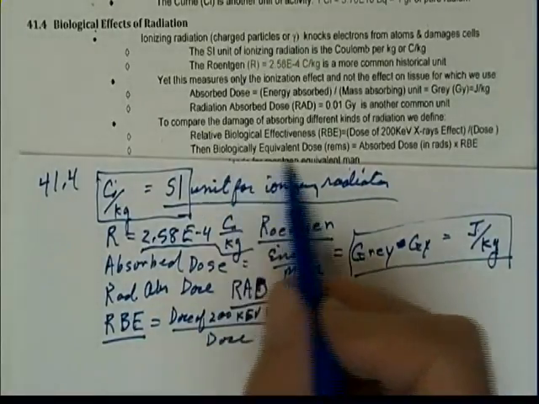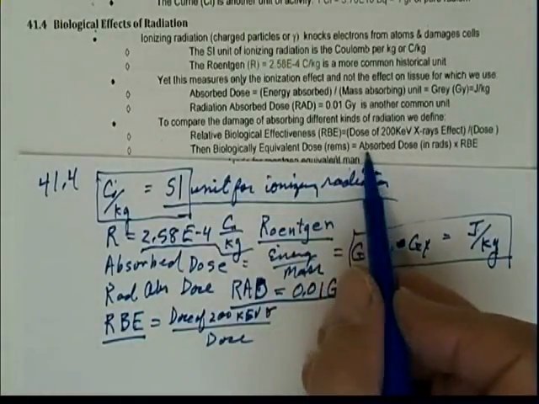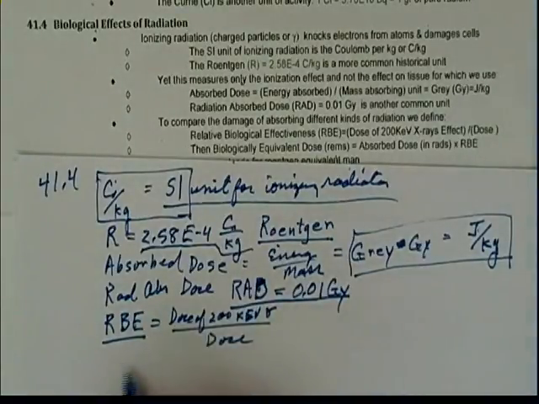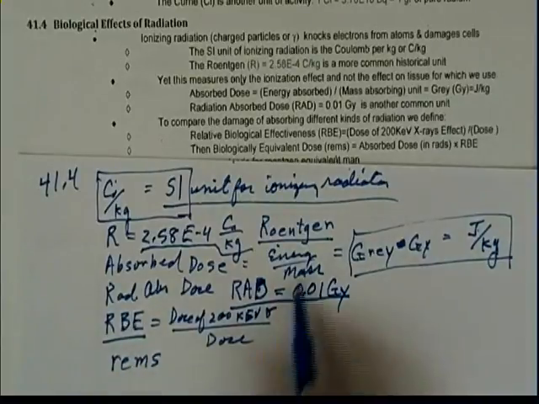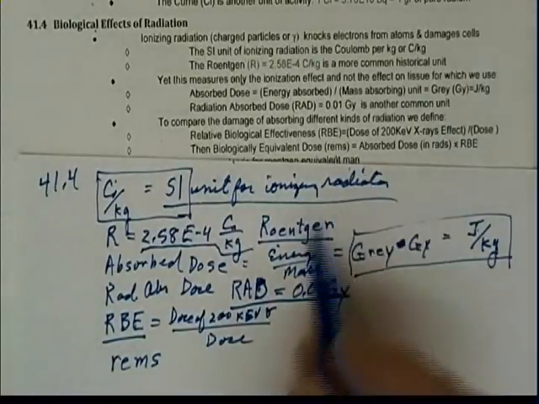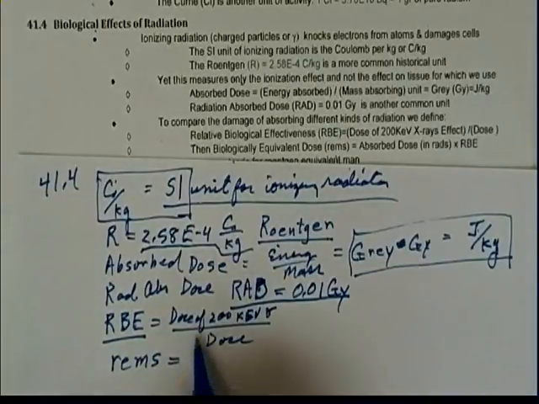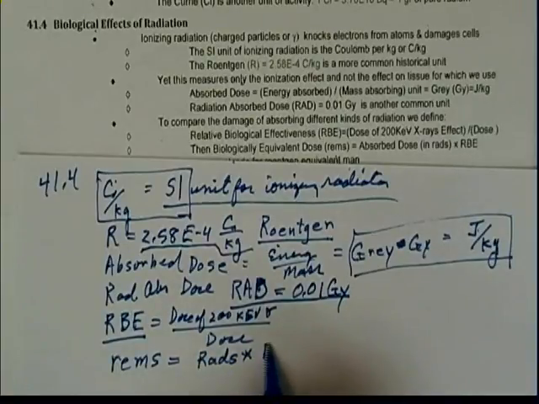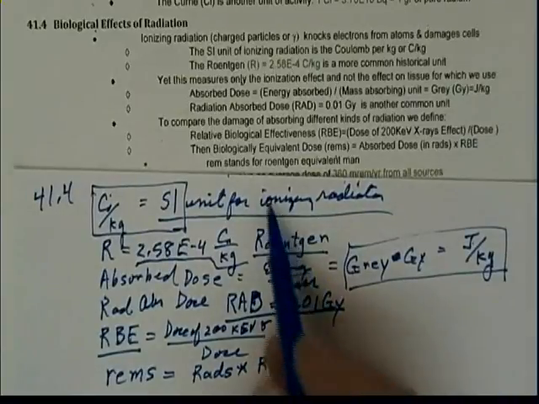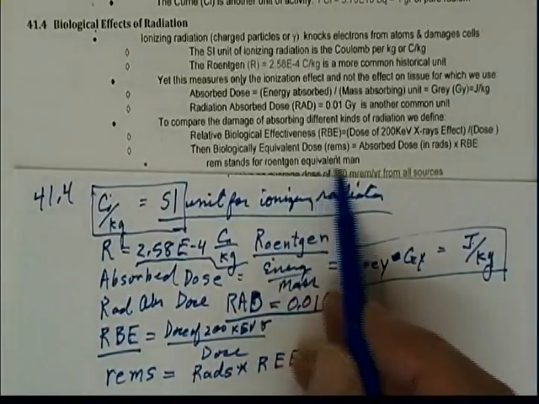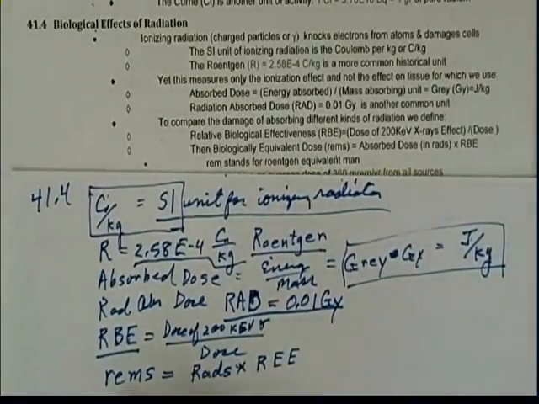Then you can talk about biologically equivalent dose. And a biologically equivalent dose, this is in terms of REMs. The REMs are the absorbed dose in rads times the relative biological effectiveness. REM stands for Röntgen equivalent man. This is for a man.